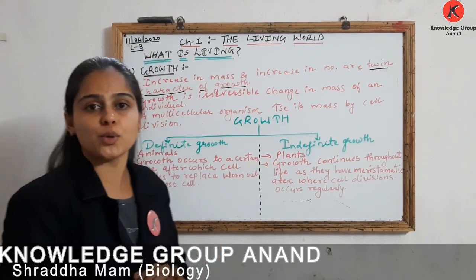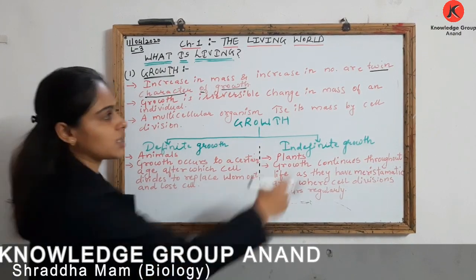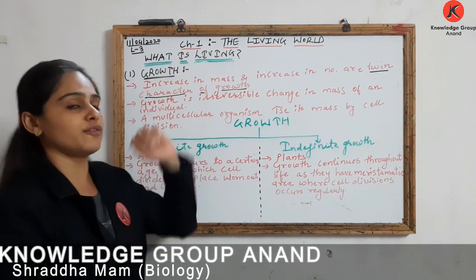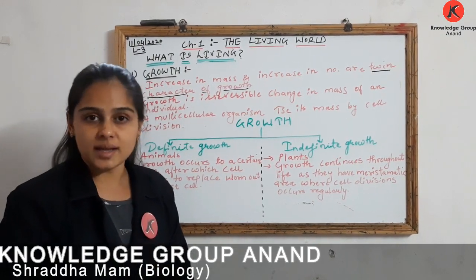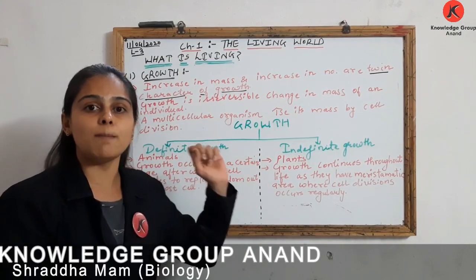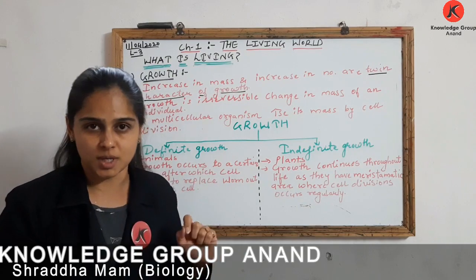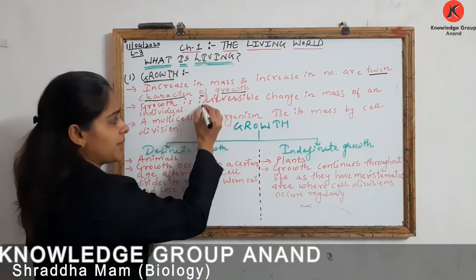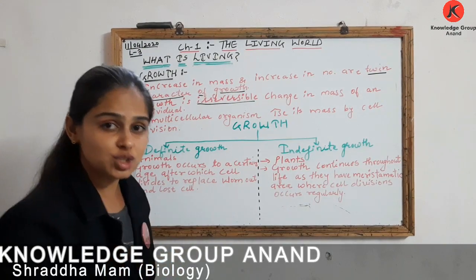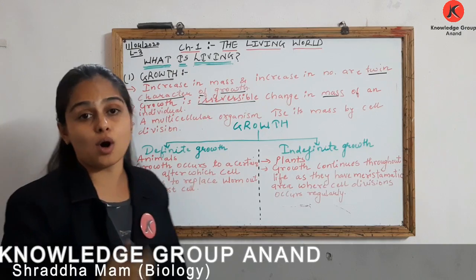इसकी वजह से मैंने आपको यहाँ पे ये बोला कि increase in mass as well as increase in number are twin characteristics of growth. Otherwise, I can also define growth as an irreversible permanent change in mass of an organism. Most important thing I mentioned here: irreversible permanent change in mass of an organism or an individual.